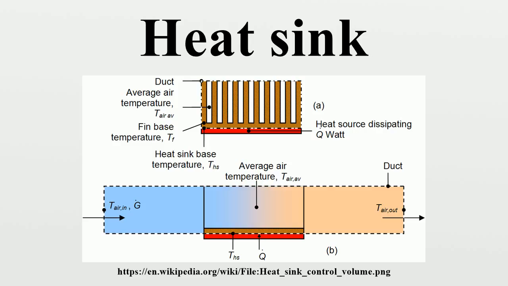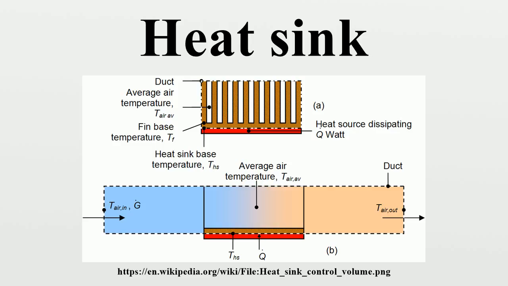The spreading resistance phenomenon is shown by how the heat travels from the heat source location and causes a large temperature gradient between the heat source and the edges of the heat sink. This means that some fins are at a lower temperature than if the heat source were uniform across the base of the heat sink. This non-uniformity increases the heat sink's effective thermal resistance.